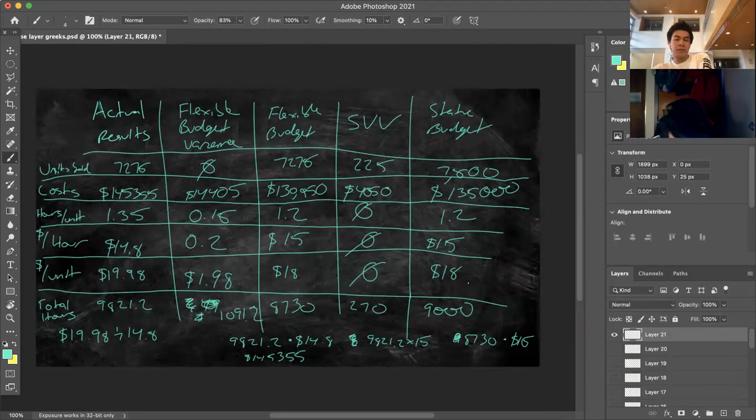Okay, so AQ, 9821.2 times 15. And for the last one, I'm just writing out all of them right now. Would it be 15 times SQ? Is that 9,000? It's 8730. Oh, 8730, okay.